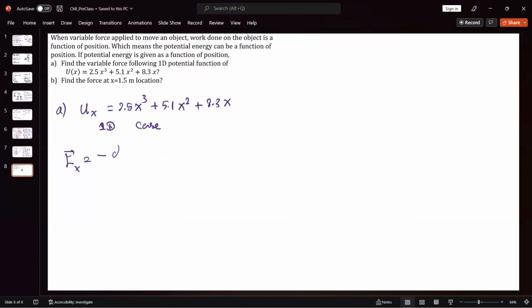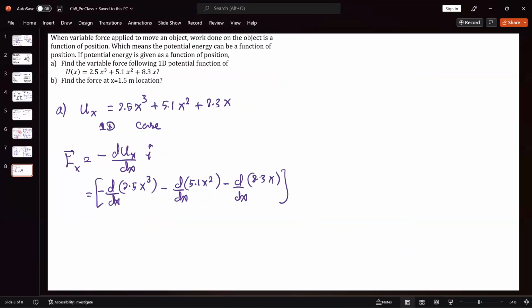Since it is one-dimensional, we don't need the del operator. I can just write d over dx in the i hat direction. So I have negative d over dx of 2.5 x to the power 3, then negative d over dx of 5.1 x to the power 2, then negative d over dx of 8.3 x. I'm going to put the i hat outside.